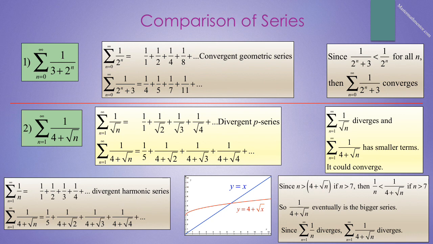So since 1 over 4 plus the square root of n is greater than 1 over n, and the summation n equals 1 to infinity of 1 over n diverges, then the summation n equals 1 to infinity of 1 over 4 plus the square root of n must diverge as well.